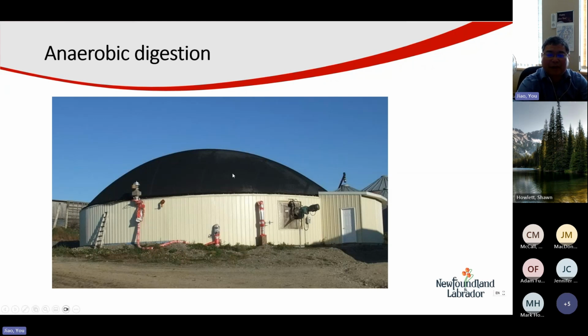As more methane is generated inside, the dome gets bigger, and with less methane, the dome is much lower. They collect this methane to generate electricity, hook up to the Newfoundland grid, and sell to it. That's the dairy farm's manure treatment system, which also generates electricity.